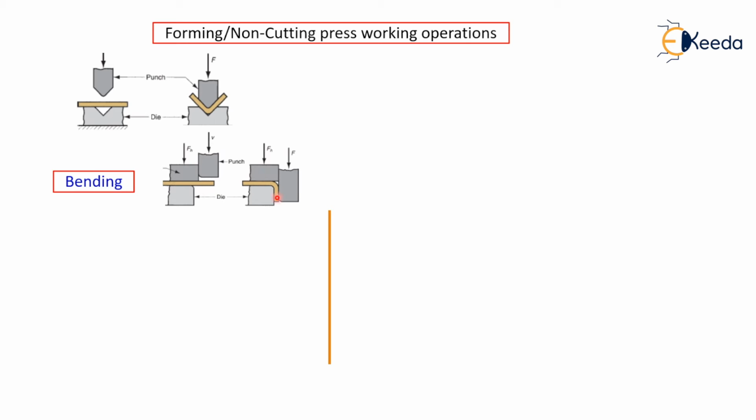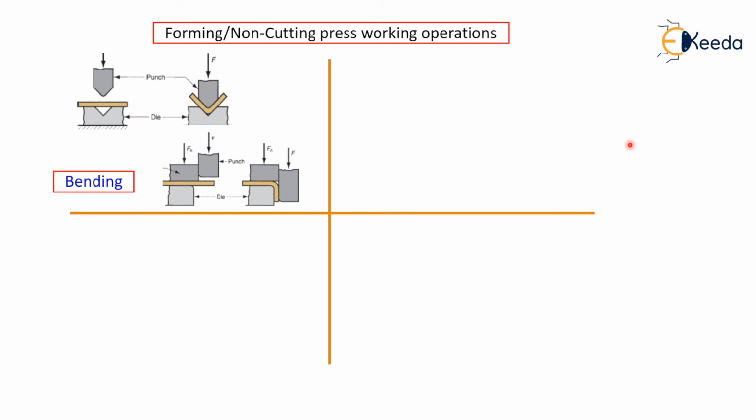Another example is shown, that is edge bending, where you will find a sheet stock strip, the blank holder, and the punch, where force is applied to the punch to get the desired bend along the edge of the stock strip. This is a simple bending operation. So many sheet metal components require these operations.